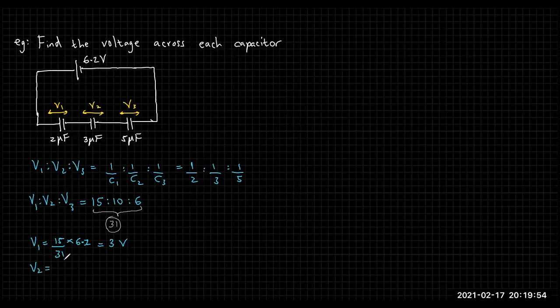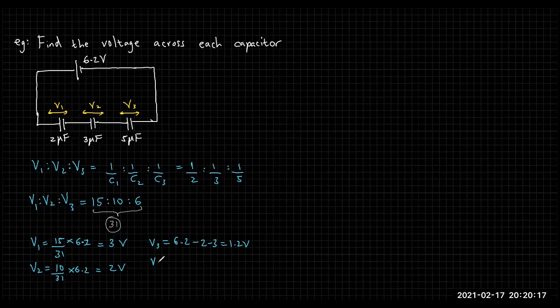V2 will be equal to 10 over 31 into 6.2. So that is 0.2 into 10, that is 2 volt. And then automatically what is V3? You can find it by subtracting these two from this. That is one method, that is 6.2 minus 2 minus 3. And that will give you 1.2 volt.